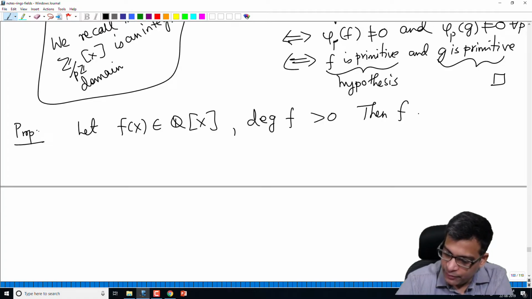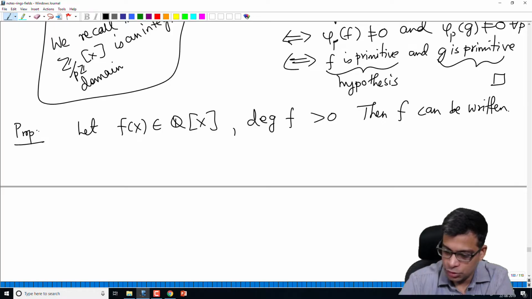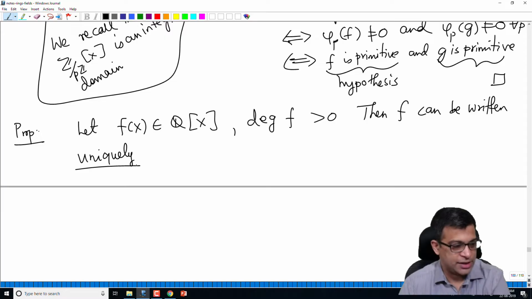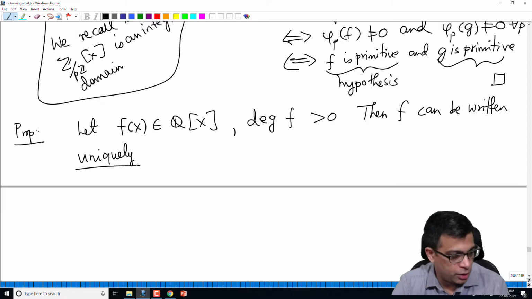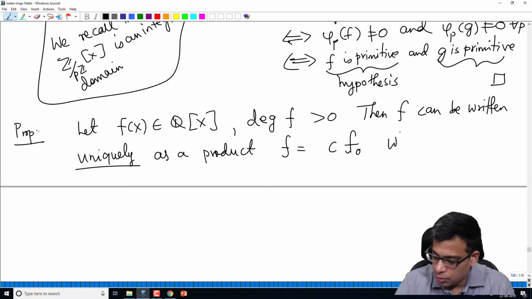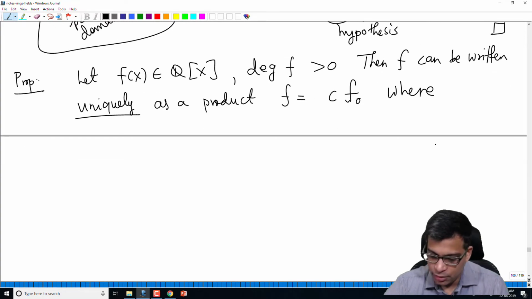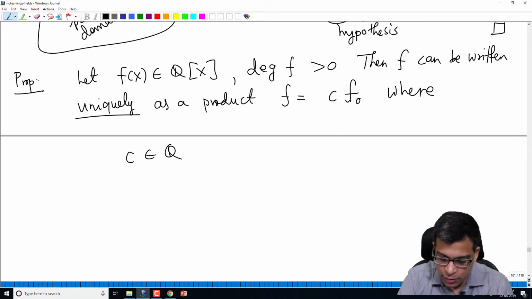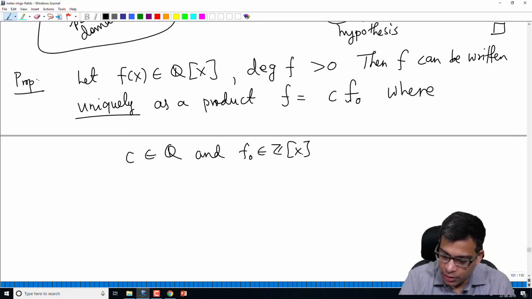Then f can be written uniquely (this word uniquely is extremely important for us) as a product f equals C F0, where C is a rational number and F0 is an integer polynomial that is primitive.